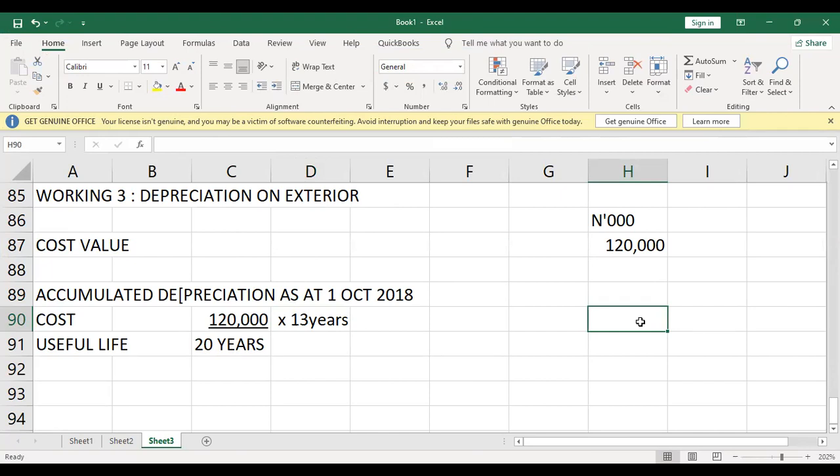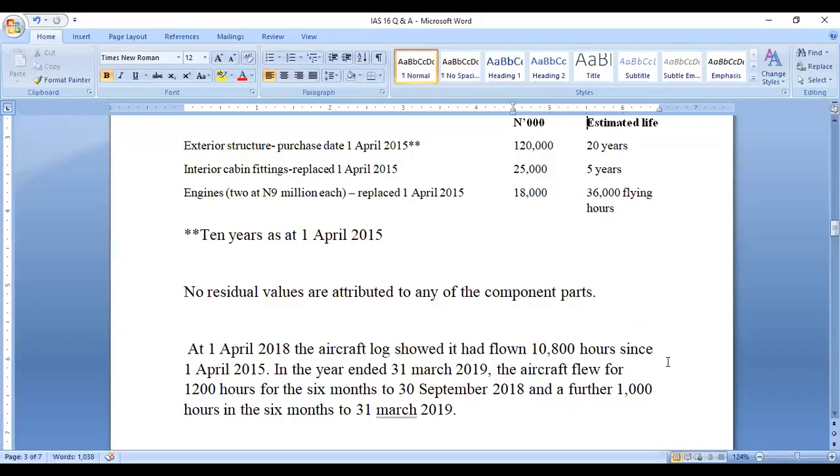Where did you get the 3 years? We're told that the exterior structure was purchased at 1st April 2015, and the asterisk says that as at 1st April 2015 it has been used for 10 years already.